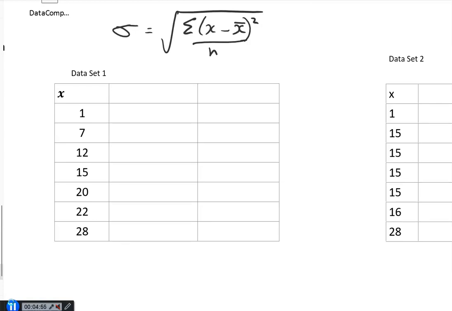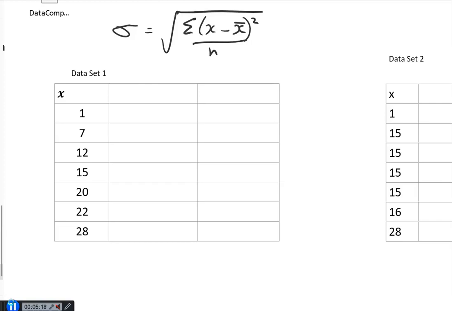Let's remind ourselves about the components of what these symbols mean before we go any further. What is the symbol with the bar across the top of it? Mean. That's the mean, right? What does this X represent? The data, all the pieces of data. What's this symbol?